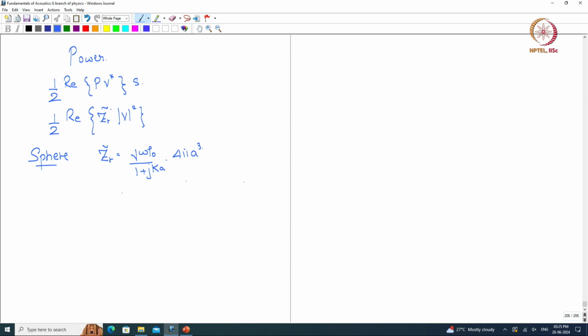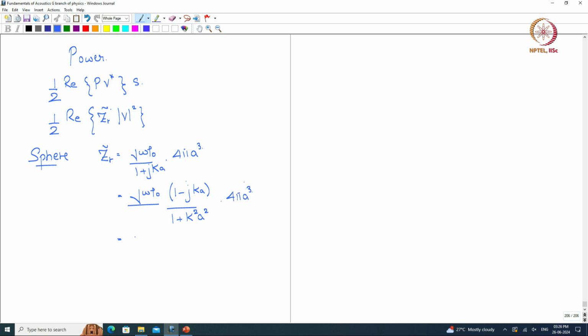So from here, let me do it. We have j omega rho 0 into 1 minus j k a by 1 plus k square a square into 4 pi a cube.